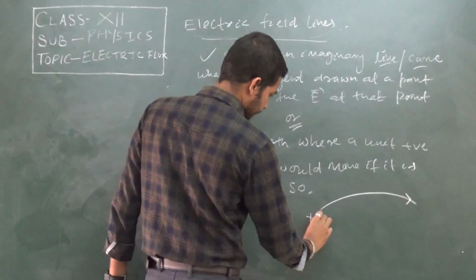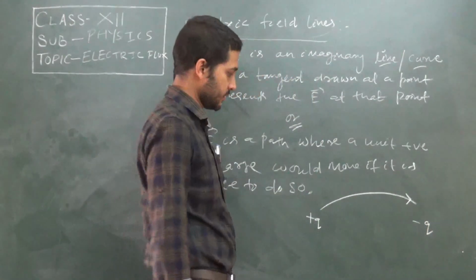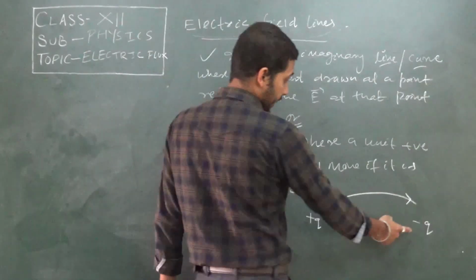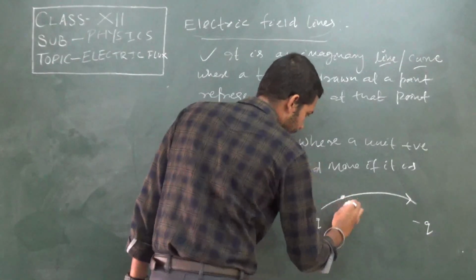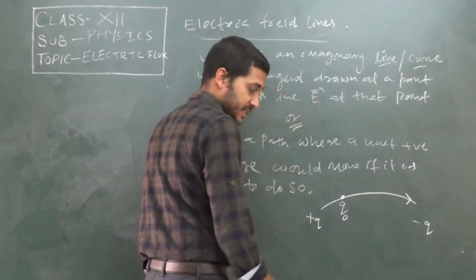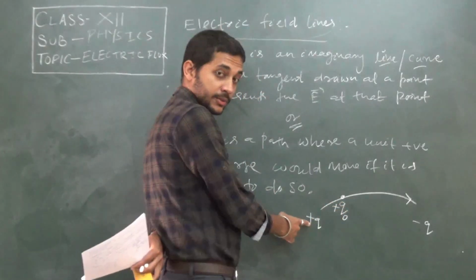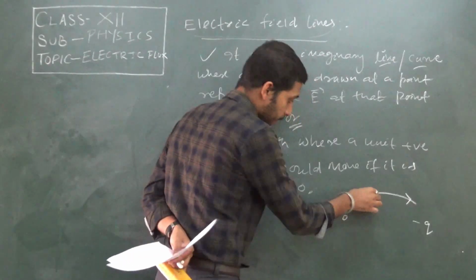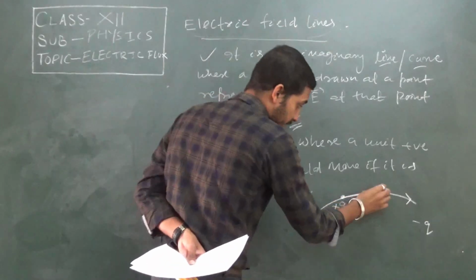It starts from plus Q and let us say it ends at minus Q. Always remember, lines of force start from a positive charge and end at a negative charge. So if I place a unit test charge of positive nature, then what will happen? This plus q will be repelled by this one along this direction, and the minus q is going to attract it along this direction.